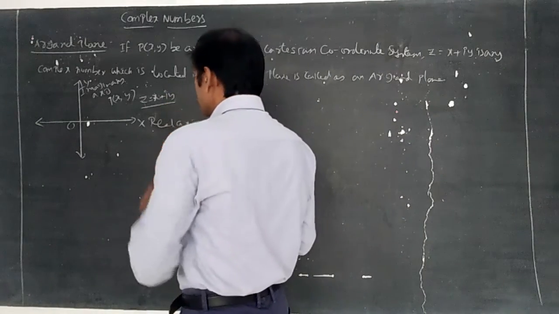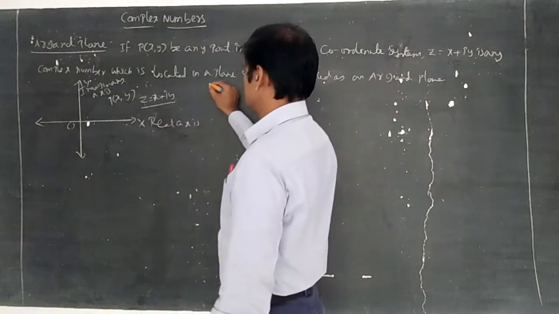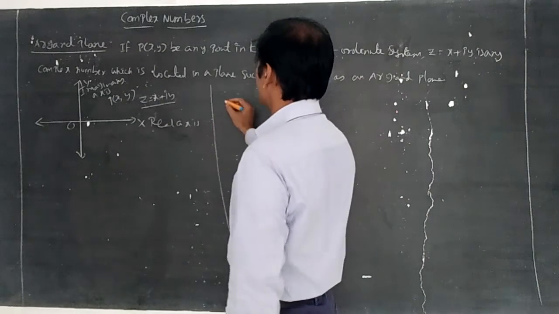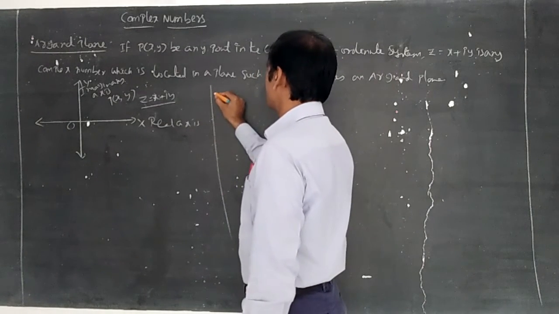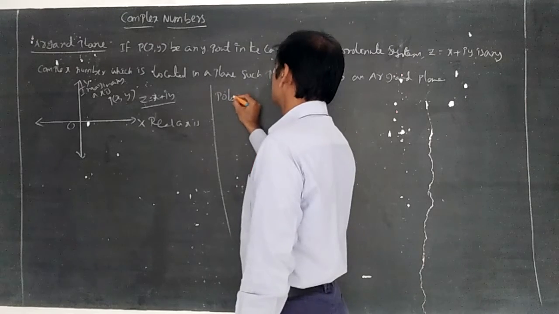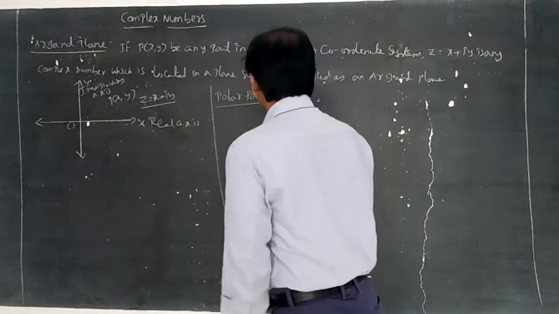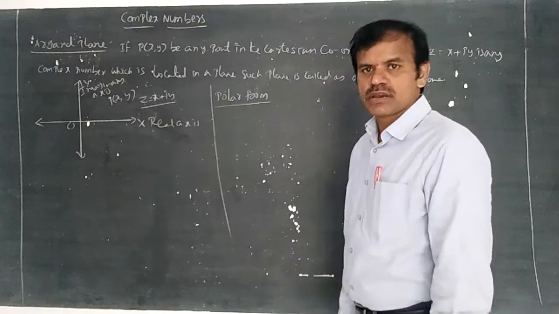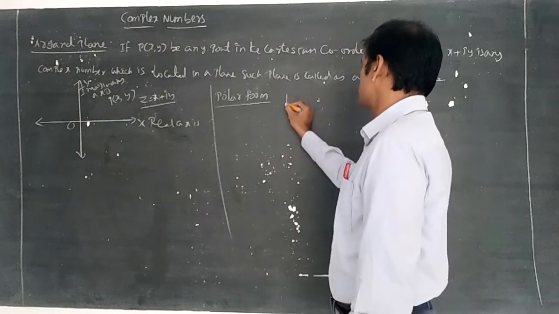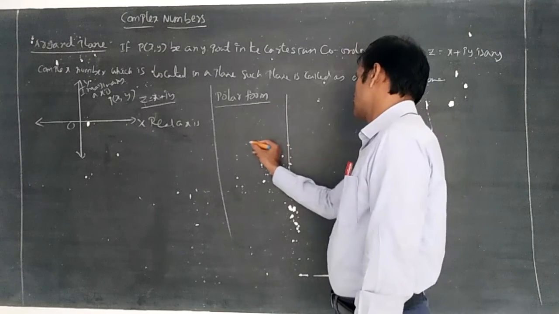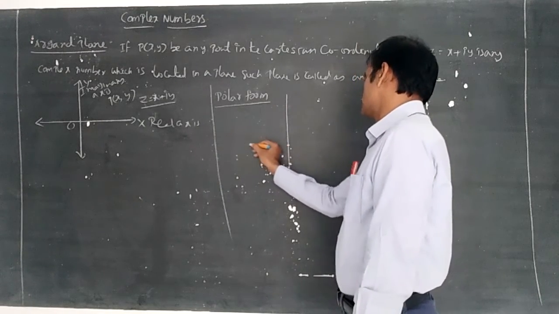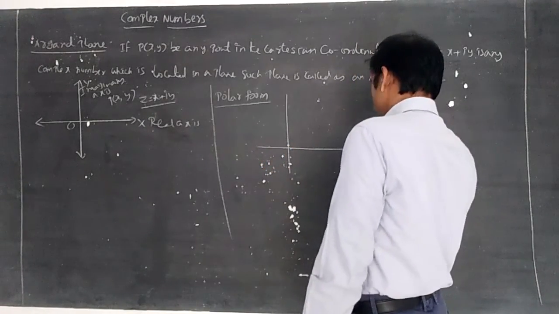Now we can discuss polar form. Some theory is there for polar form. Let us draw the line like this.